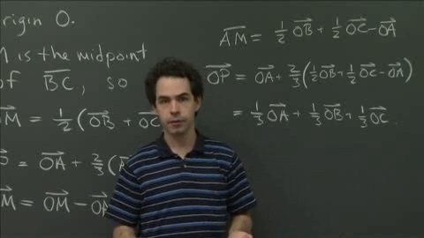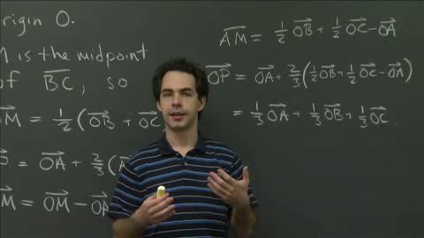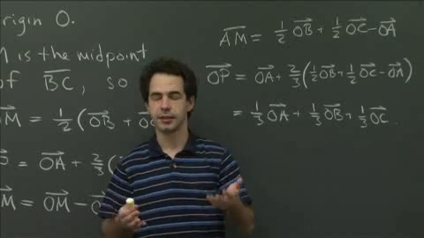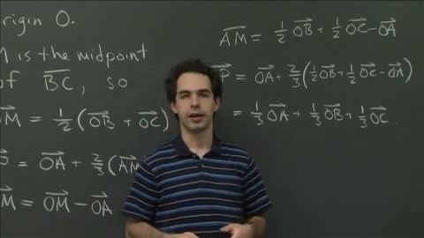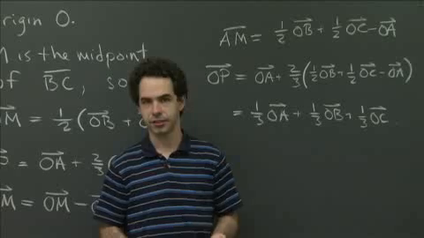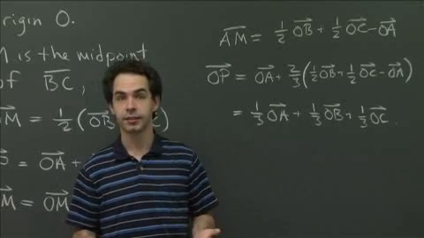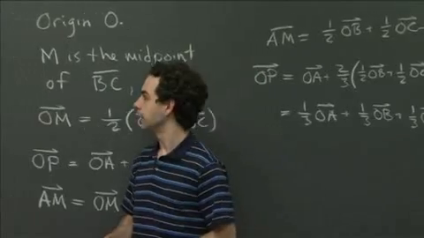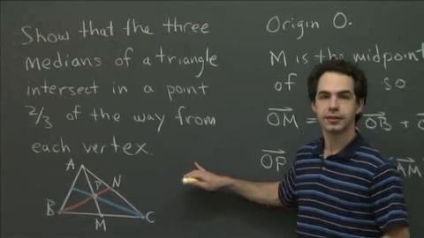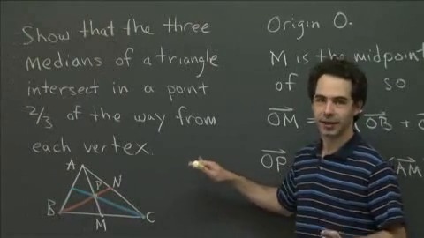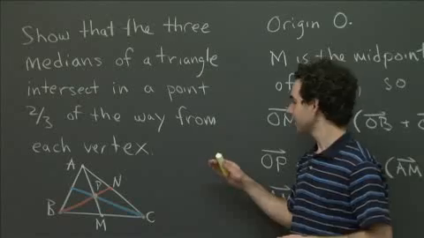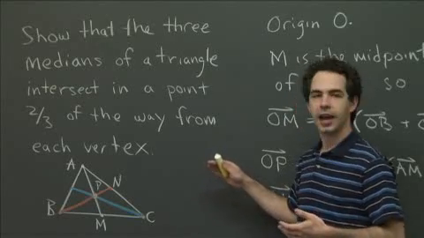So what we've shown then is that the points that trisect the three medians, that divide them into 2-to-1 ratios from the vertex to the midpoint of the opposite side, all have the same position vector. So in fact, they're the same point. And that's what we wanted to show, right? We wanted to show that there's one point that trisects all 3 of those medians. So we've shown that the 3 points that trisect them are actually the same. So that's the same conclusion, phrased differently. So I think I'll end there.